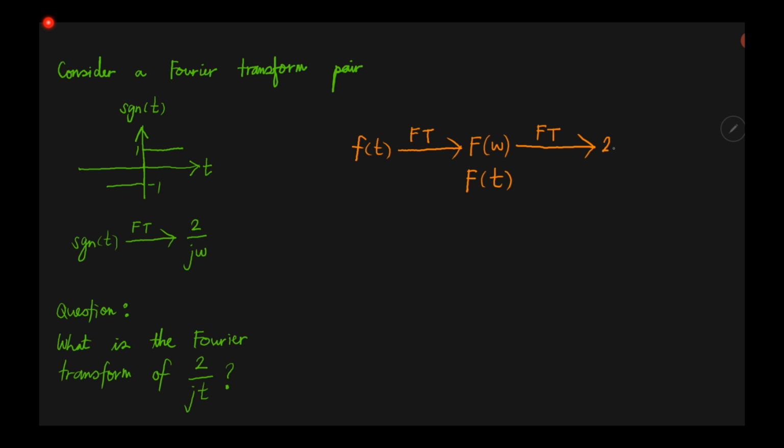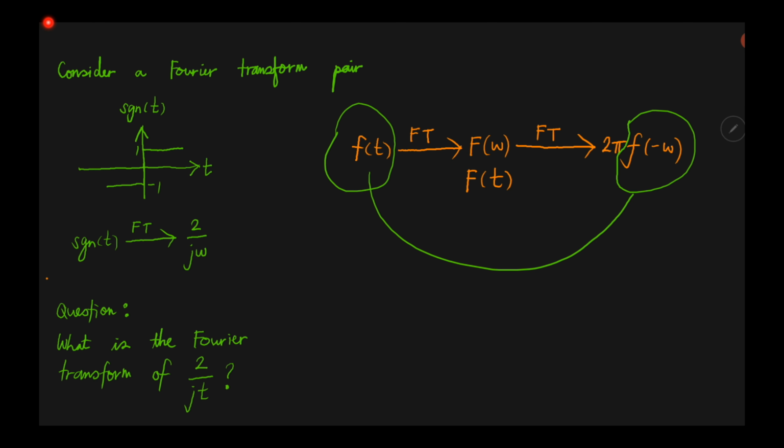The output of the second Fourier transform will be 2 pi multiplied with f(minus omega). What is f(minus omega)? It is basically taken from the inputs of the first Fourier transform f(t).